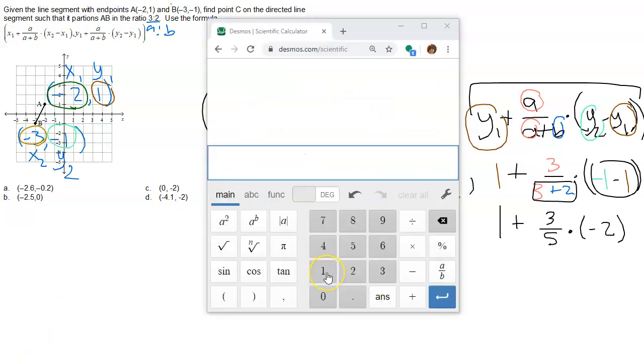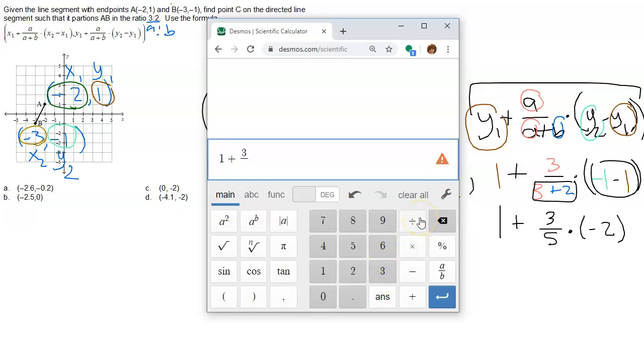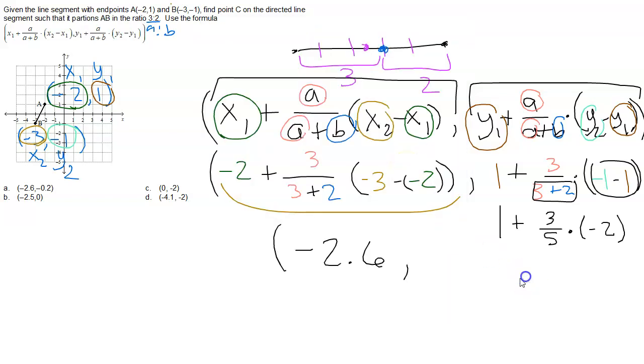Plugging it into the calculator, we have 1 plus 3 divided by 5. On this calculator, you can hit the divide sign again, but it will still give you that fraction, times the -2. That gives us -0.2.